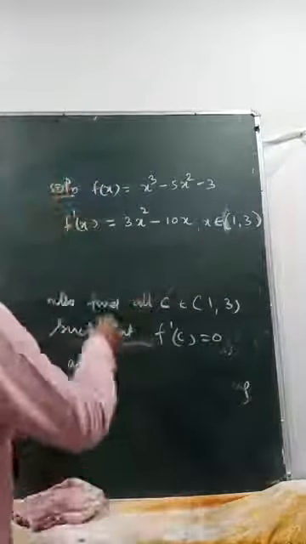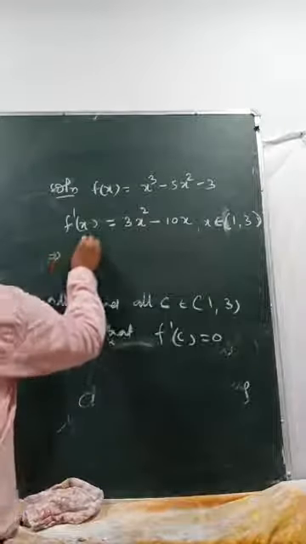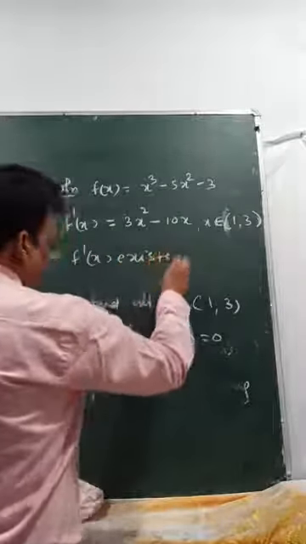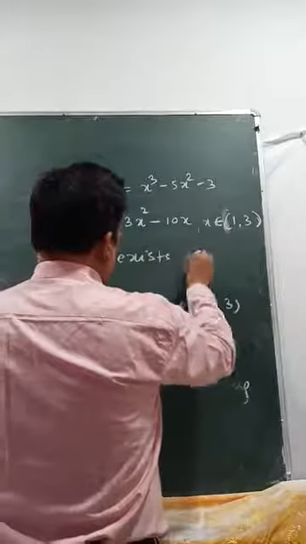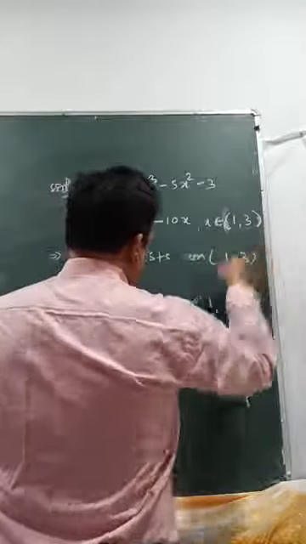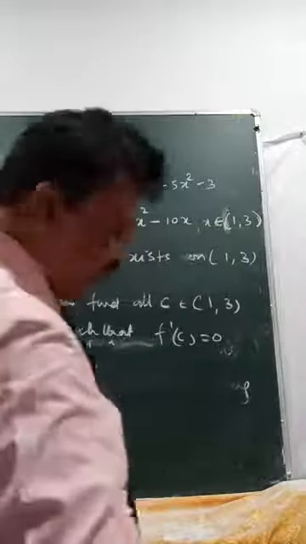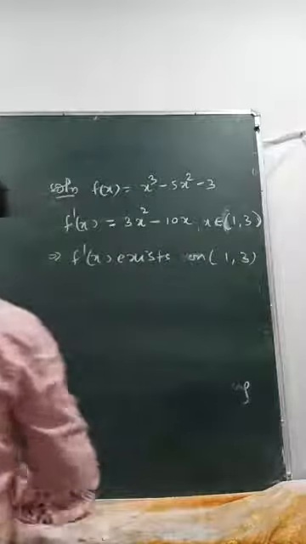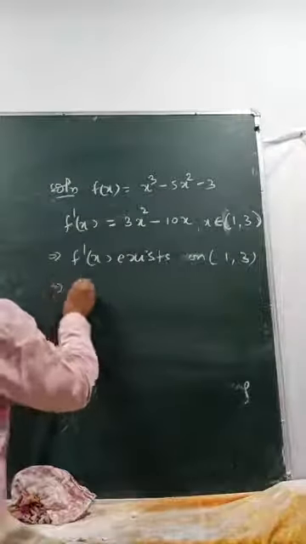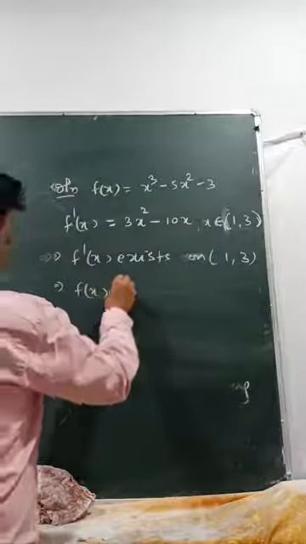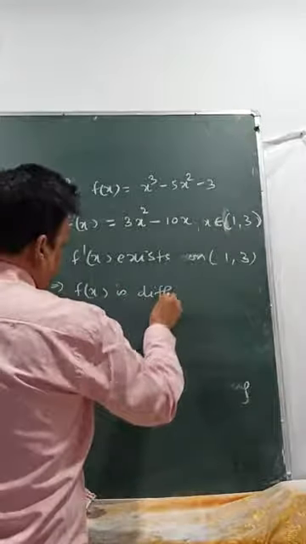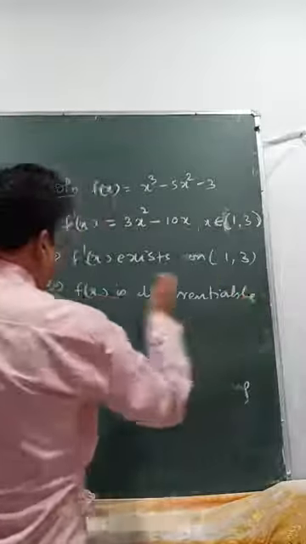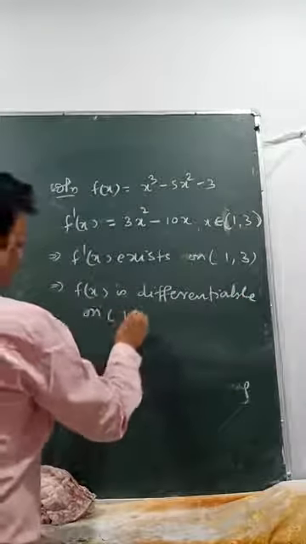So I can write f'(x) exists on (1, 3). Then this implies f(x) is differentiable on (1, 3).